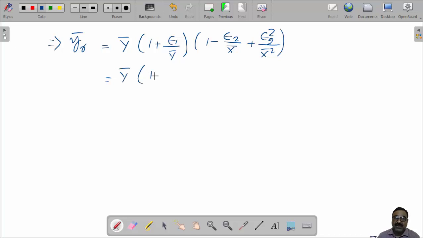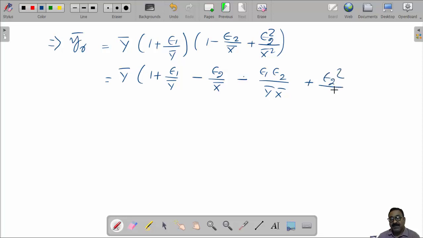So this will be equal to 1 plus epsilon 1 by Ȳ minus epsilon 2 by X̄ minus epsilon 1 epsilon 2 by Ȳ X̄ plus epsilon 2 square by X̄ square.